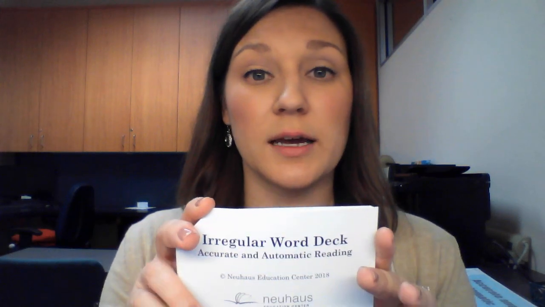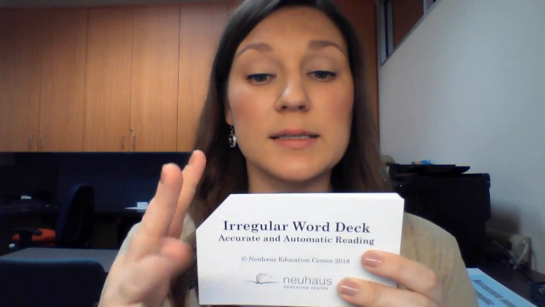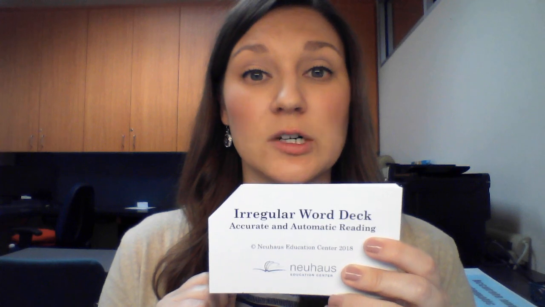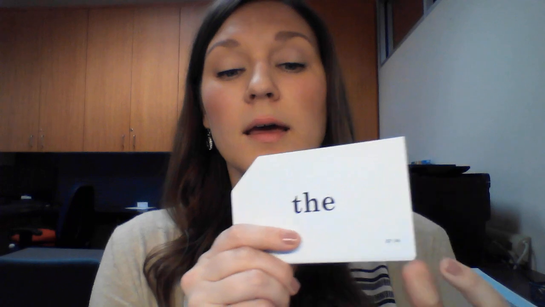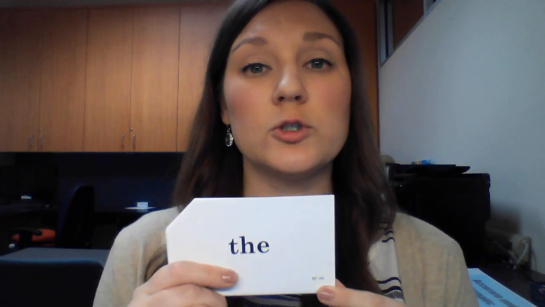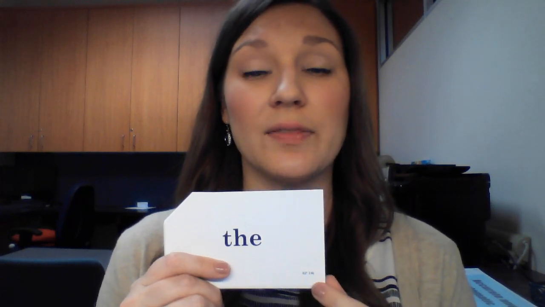The next deck you're going to be working with is your irregular word deck. It looks just like the regular word deck, except a corner is clipped because it's an irregular word, so it's an irregular shape. Just like with our regular word deck, down here on the bottom left, it's going to say IWD to signify irregular word deck. And on the bottom right, it will tell you which reading practice you're going to add this card after.